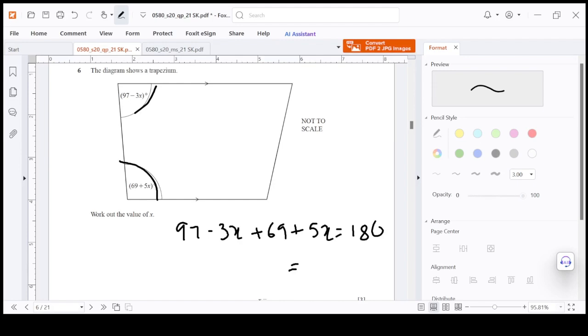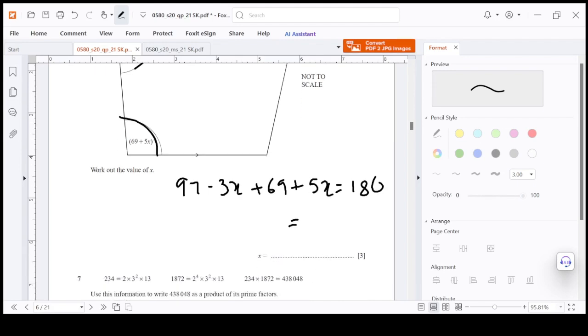So 97 plus 69 minus 180, this you'll do without a calculator, and here we'll have 8x. I am using a calculator, but you will not. This gives us negative 14 is equal to 8x.